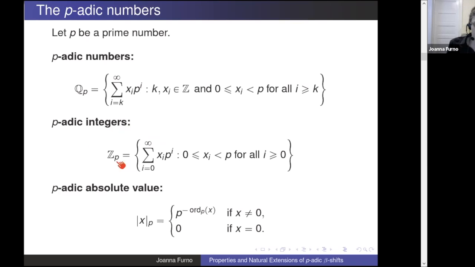So our p-adic integers are going to play the role of the unit interval. And just like the unit interval, you can tile the real line with copies of the interval shifted by some integer, you can tile your p-adic numbers with copies of these p-adic integers shifted by some fractional piece.